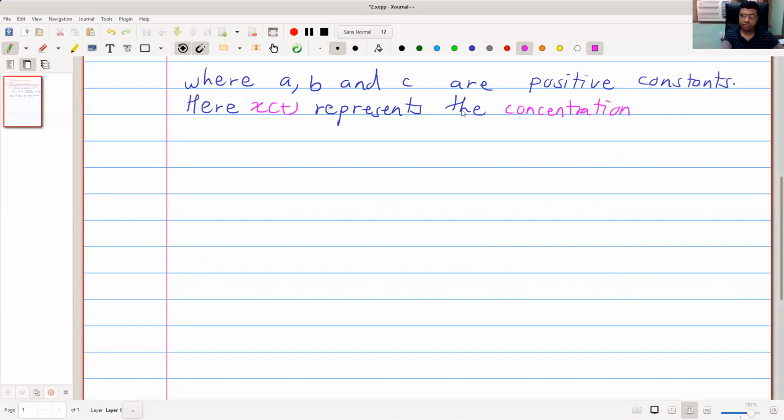So x of t is concentration of blood at time t, when it is produced.